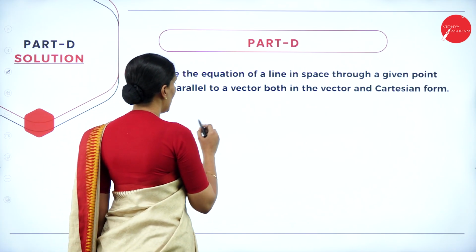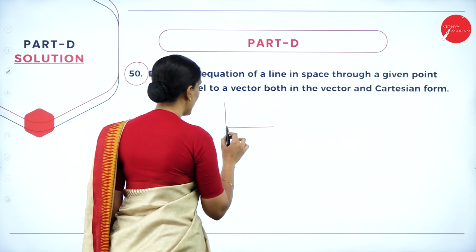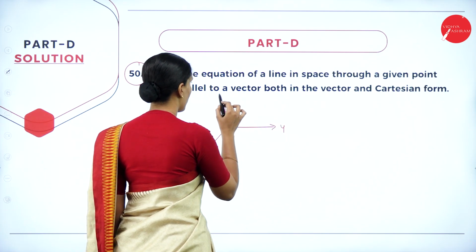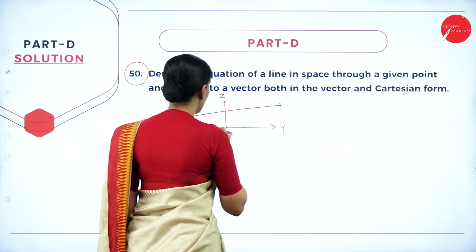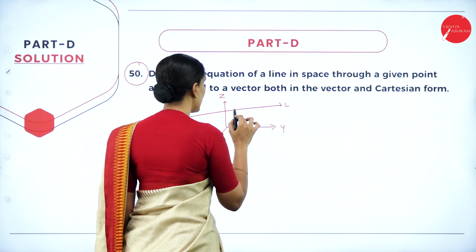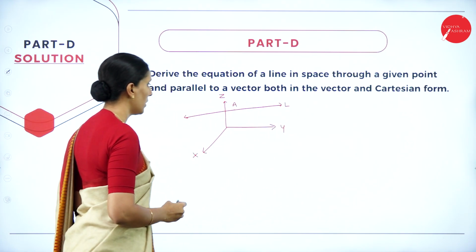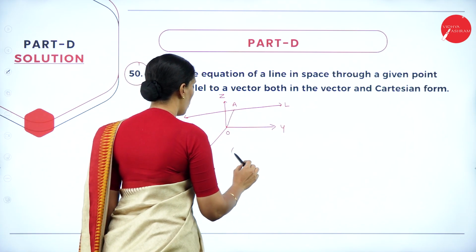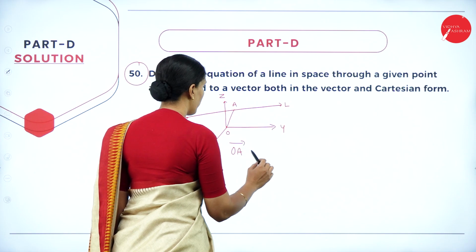So now here let us consider XYZ axis and let me consider a line L passing through a point A. So now this is O. Let OA be the position vector.